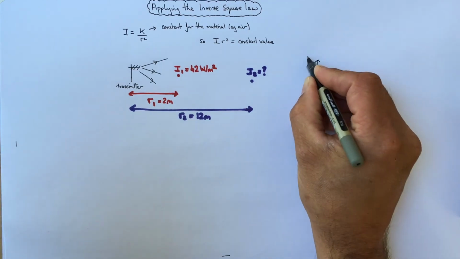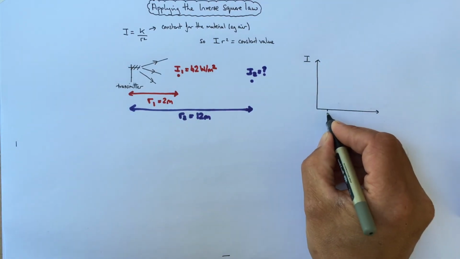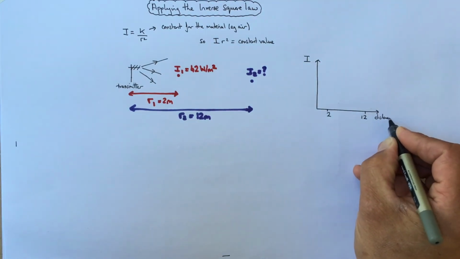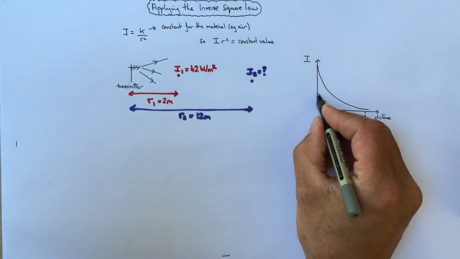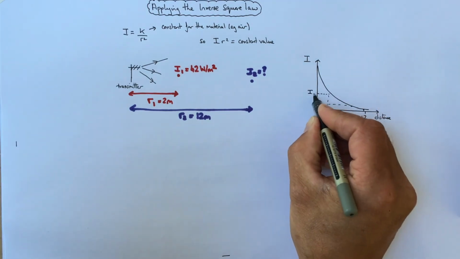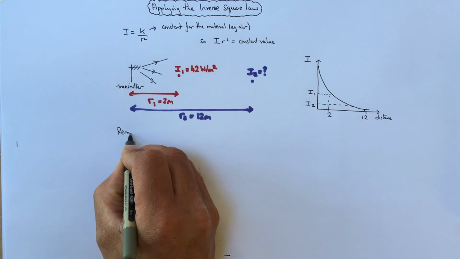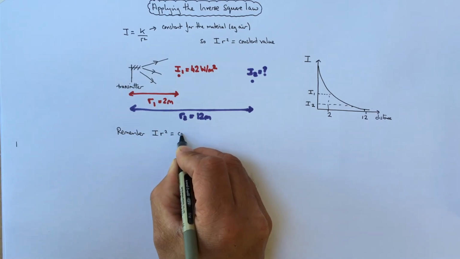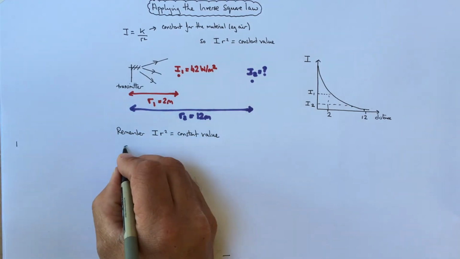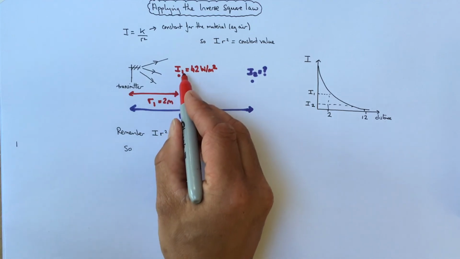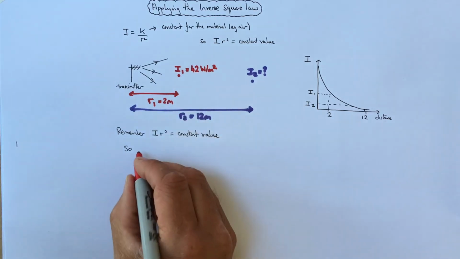We know that the signal is going to drop as an inverse square law relationship. Just to get this into context, I've quickly sketched a graph to show you what will happen. Remember, I times R squared is a constant value.